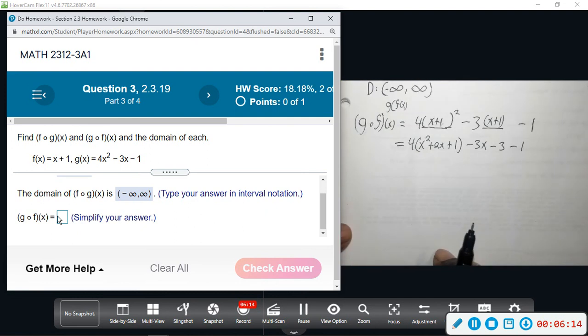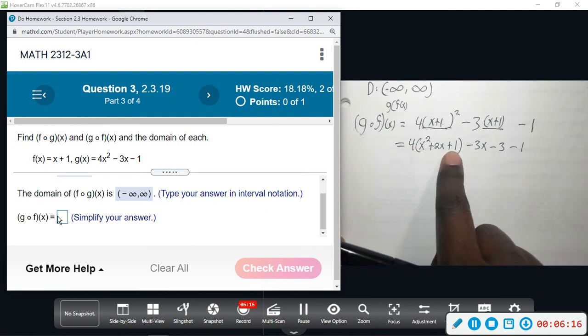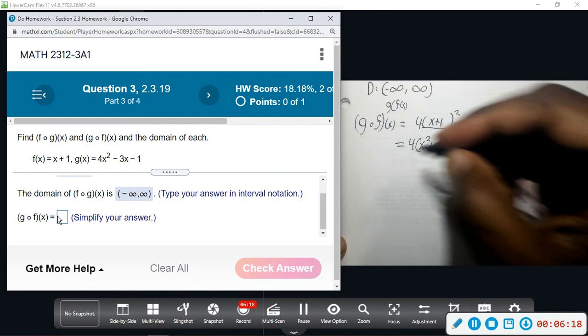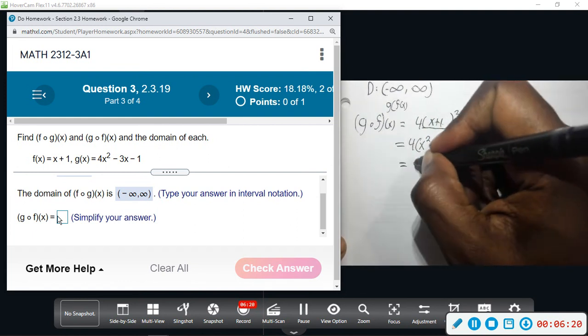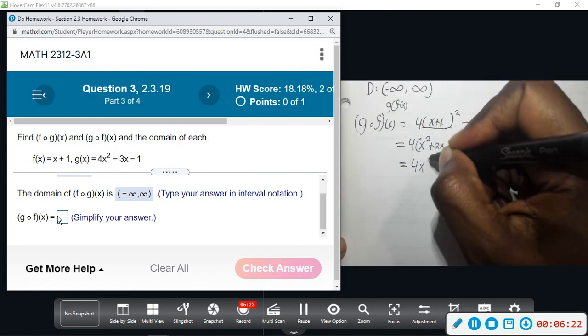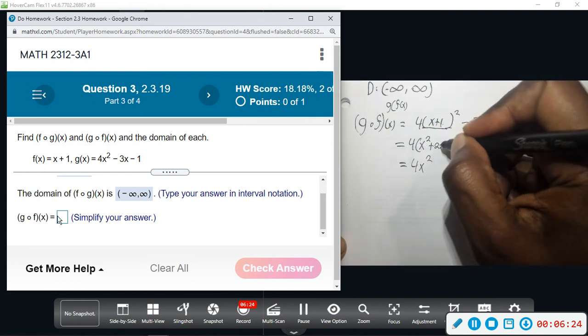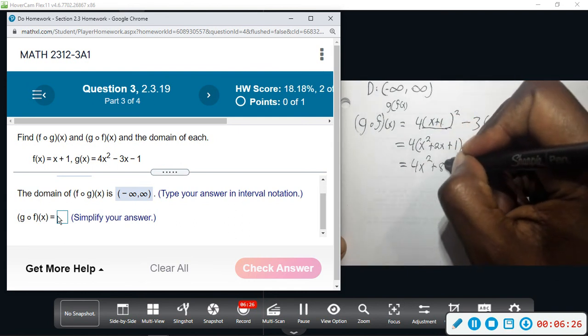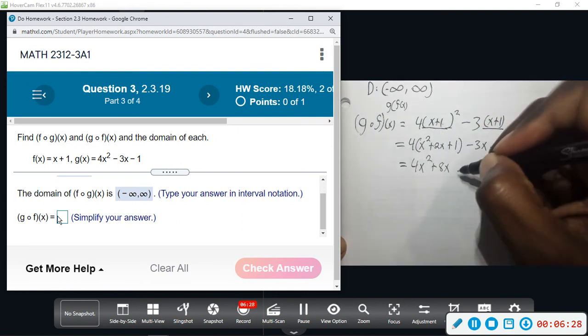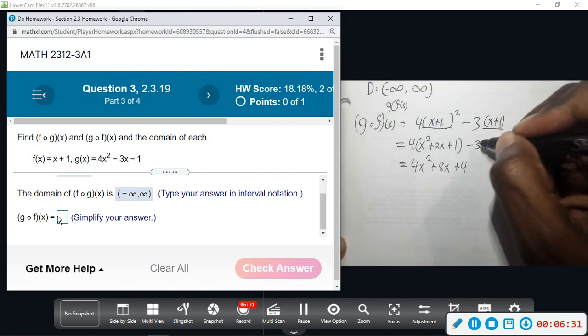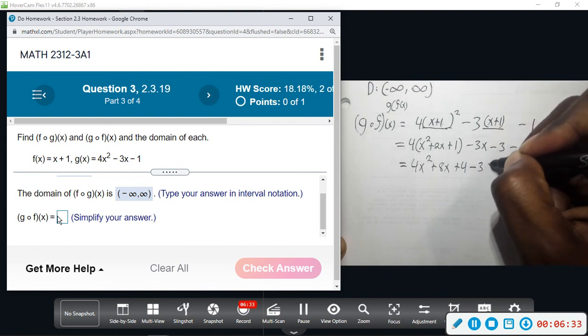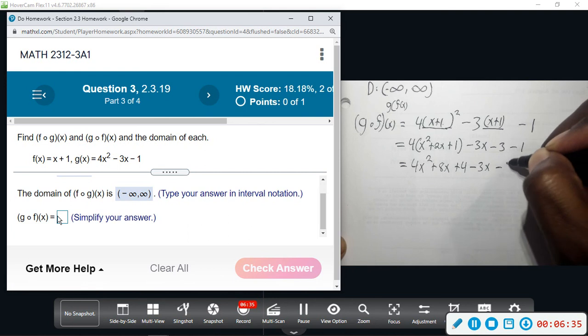Here I will now distribute the 4 throughout parentheses, and I will combine like terms as well. So this will give me 4x squared, and then plus 8x, and then plus 4, minus 3x, and then minus 4.